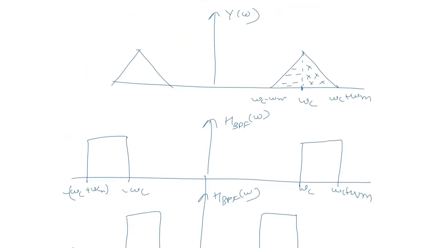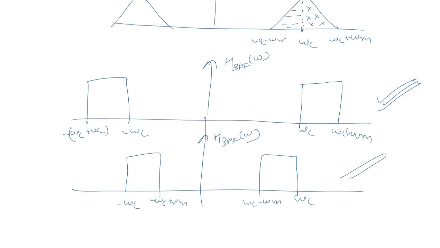So if we are using this kind of passband of the band pass filter, the resultant would be that the upper sideband is retained and the lower sideband is suppressed. Similarly, if we use this kind of passband, then the lower sideband will be retained and the upper sideband suppressed.